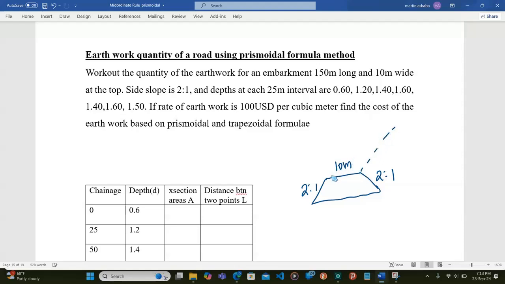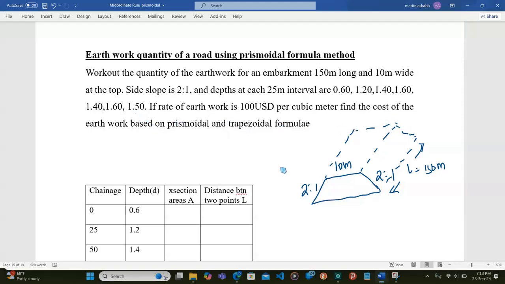Wherever it ends, it is at a length L from there to here equal to 150 meters. Then we are also told that the depths are given from 0.6 up to 1.5. So it starts from 0.6 up to the other end at 1.5.